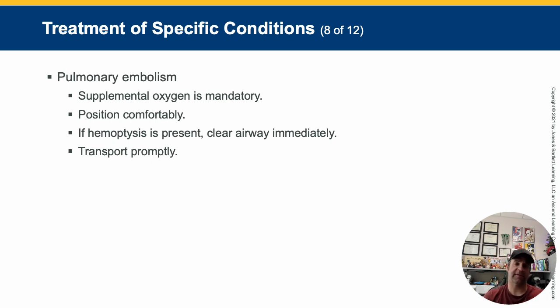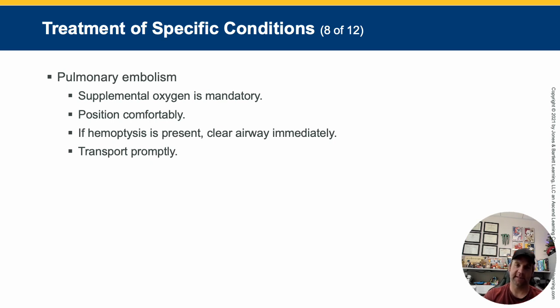Keep the patient in a position of comfort, usually sitting up. If the patient has hemoptysis, coughing up blood, be ready to clear the airway with suctioning to maintain airway patency. Patients with a PE often present with chest pain, tachypnea, anxiety. They may be pale, sweaty, fearful, obviously. So don't delay transport.